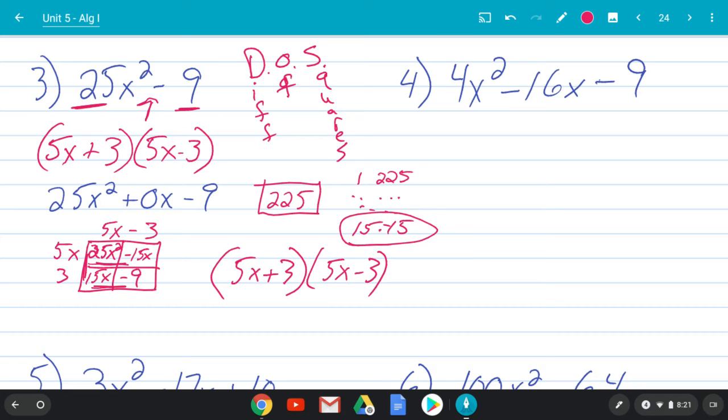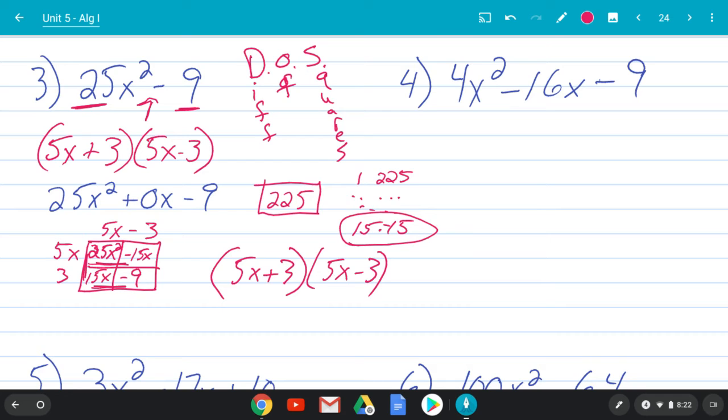So if you didn't know that those were perfect squares, you could still go through the same process and get the same answer. But boy, that sure was a lot easier if we recognize that's the difference of squares. Yes? All right. Number 4. Is there a GCF?